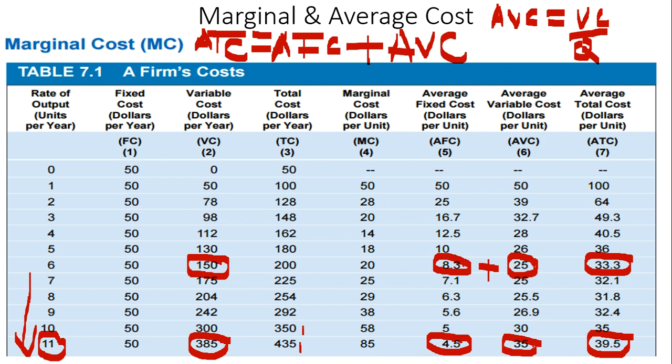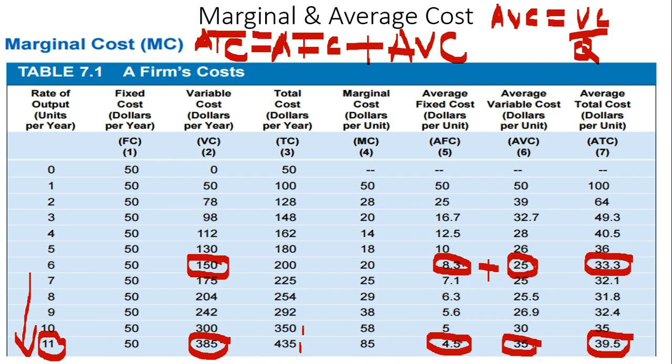So that is how we play around with the table. These are just the mathematics that are supposed to be used. We just need to know that since total cost is equal to fixed plus variable cost, to get average variable cost, it will be variable cost divided by the level of output.